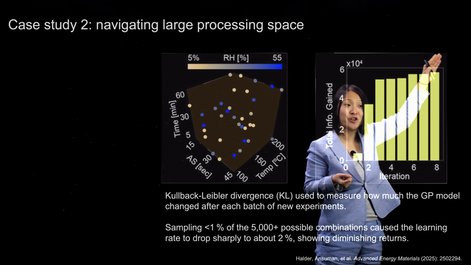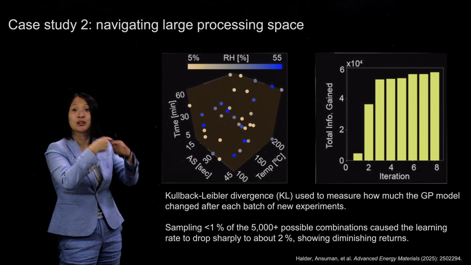So the learning rate dropped; as you see here, after 5, 6 iterations, we are already reaching diminishing returns in terms of how much more information we are gaining. So at that point, we are confident we have a good understanding of the overall processing parameter to film quality relationships.